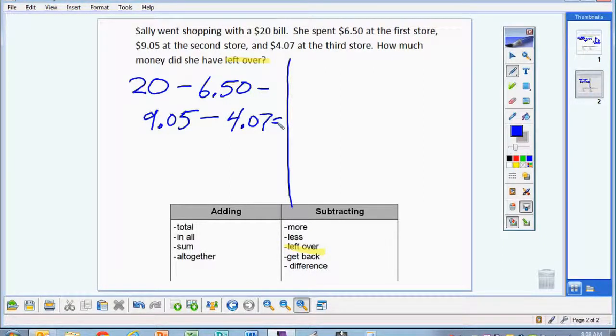I don't really think that's the best strategy. If you're using a calculator, that would be fine. If you're not using a calculator, I would add everything she spent so then I could easily find how much money is left over.